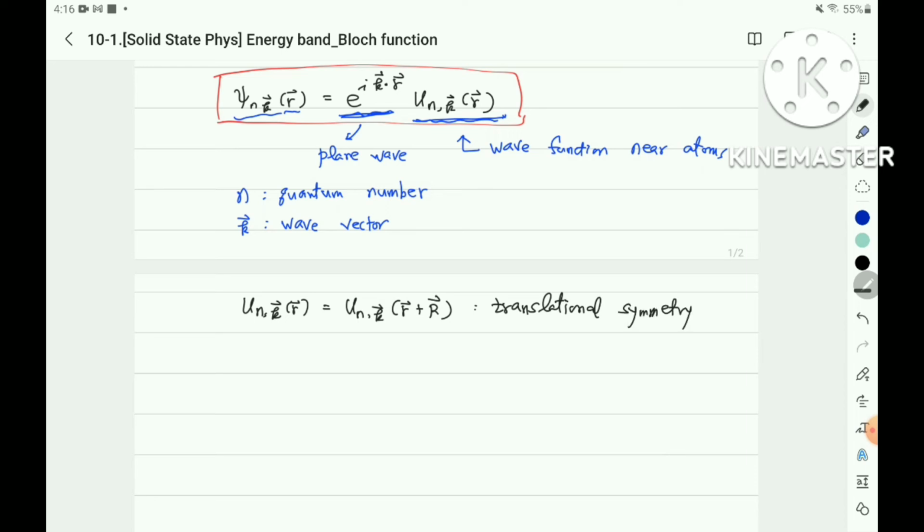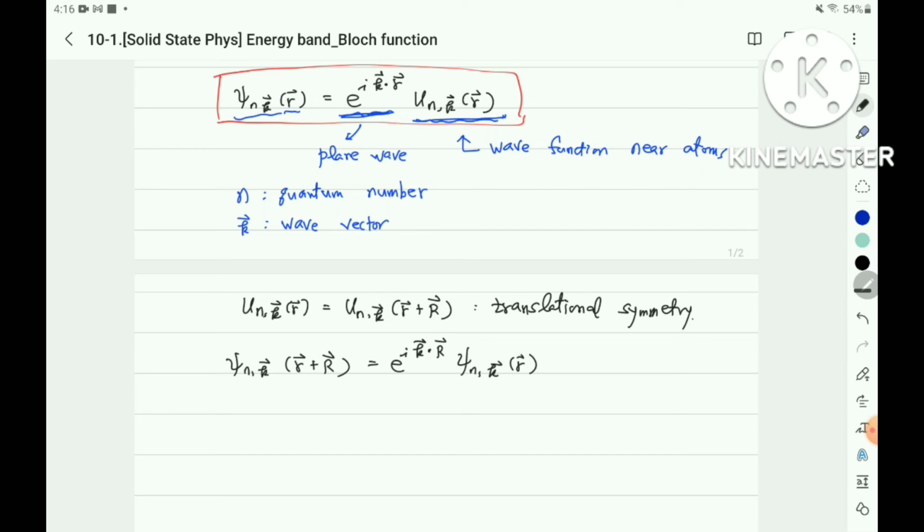Therefore, from these equations, ψ_nk(r + R) should satisfy ψ_nk(r + R) = e^(ik·R) ψ_nk(r).